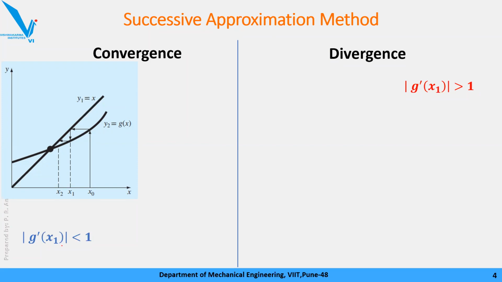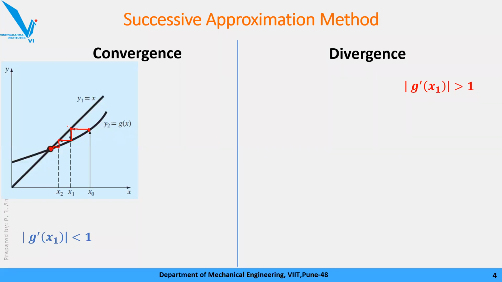Whenever the slope, this g dash of x1 value, is positive, we get the staircase phenomenon. Look here, we start with x0, go here, and then we get this value. Again we calculate g of x, use that as the next x, then again calculate the next g of x, and so on. So slowly we are going towards the root.